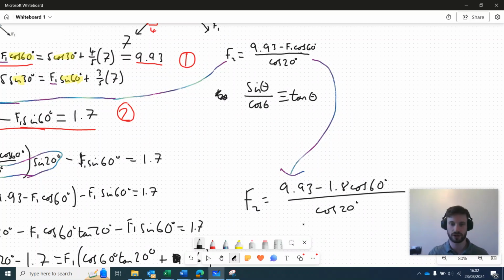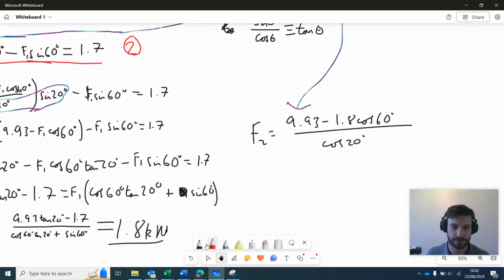And when I bung that in my calculator, 9.93 minus 1.8 cos 60 over cos 20, I get 9.6 kilonewtons.